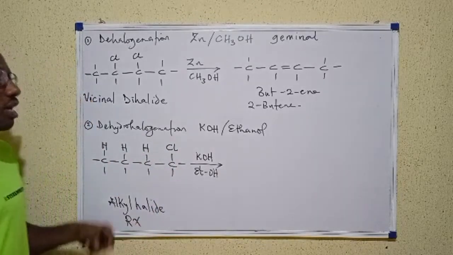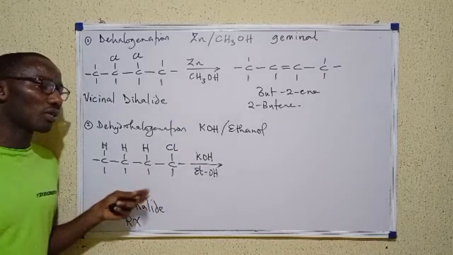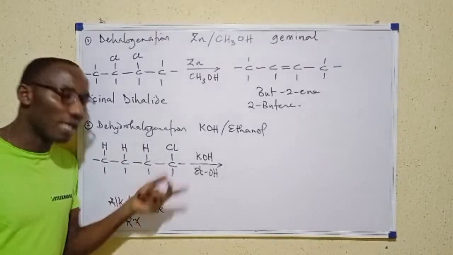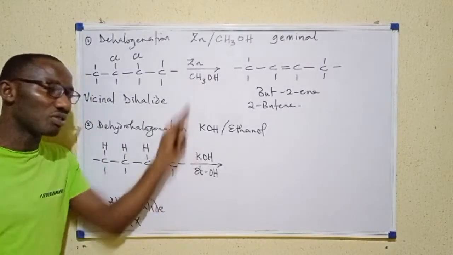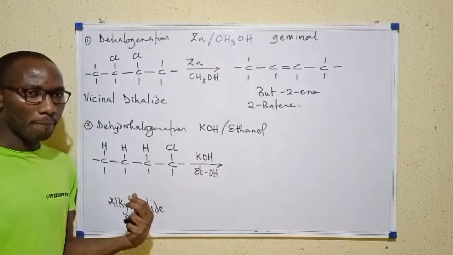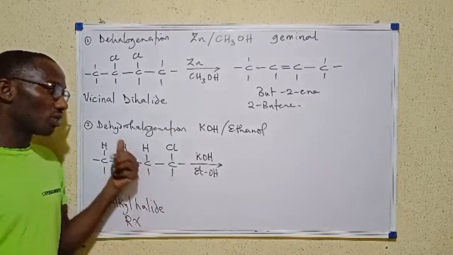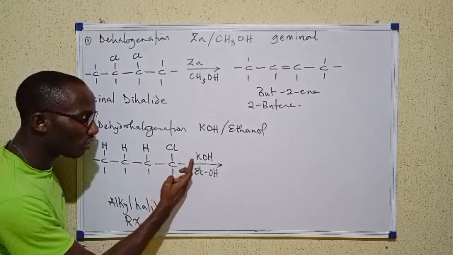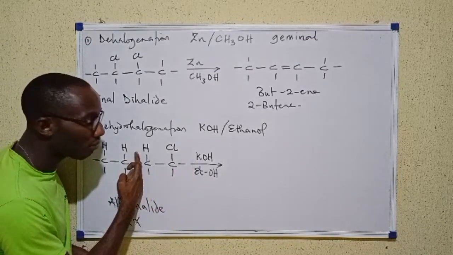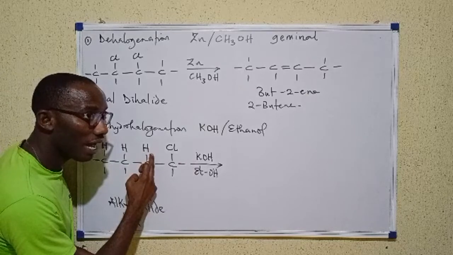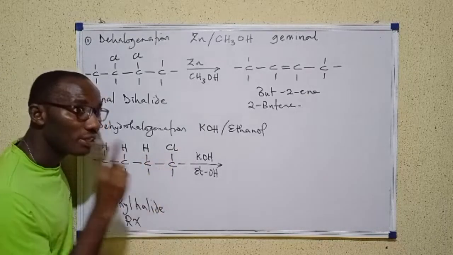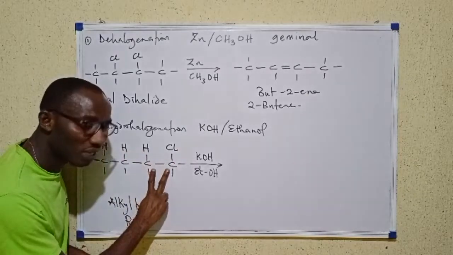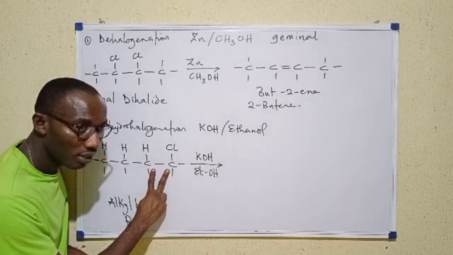So as a matter of fact, whether the compound will undergo dehalogenation or dehydrohalogenation depends on the reagent used to treat it. So with this reagent, we said there will be dehydrohalogenation, which means our KOH is going to cut off this time hydrogen and halogen, and the two of them must come from consecutive carbons.